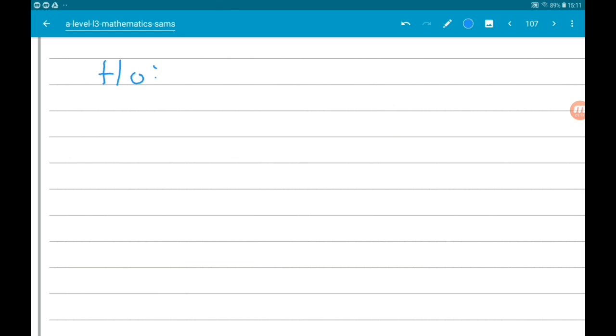So H0 is going to be that mu is equal to 50.1. H1 is going to be that mu is greater than 50.1.